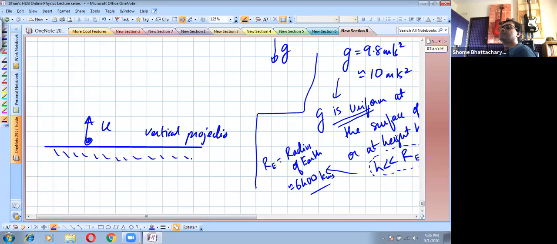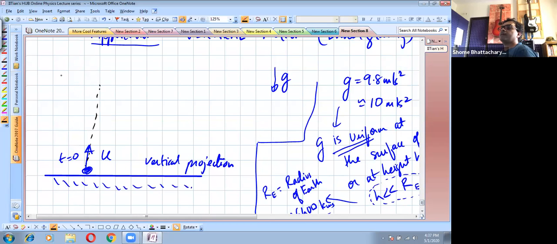The direction in which we are given the initial velocity is perfectly upwards, at t equal to 0. Then as it moves up, we can track its motion and understand things like displacement, velocity, etc. as a function of time by just applying the equations of straight line motion with uniform acceleration.